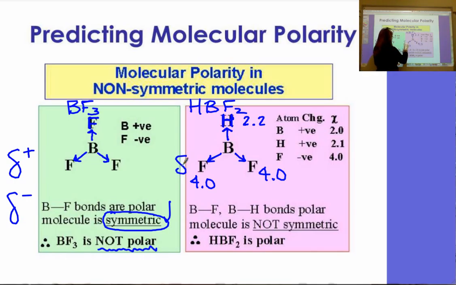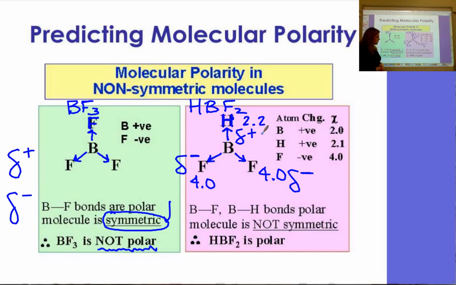These guys will have a partial negative end because they have a higher electronegativity. They have a stronger desire for those electrons. When the electrons are pulled down to the bottom, these fluorine parts are going to have the partial negative charge. Up here then, this would be the partial positive.